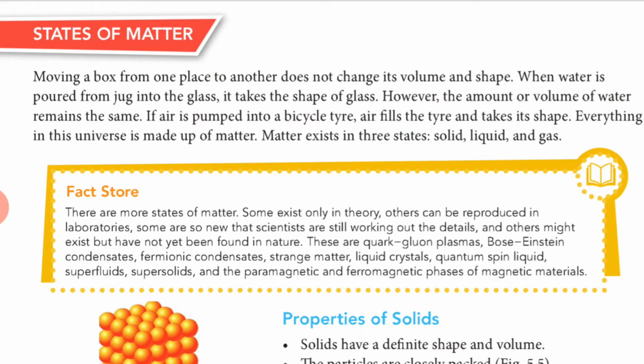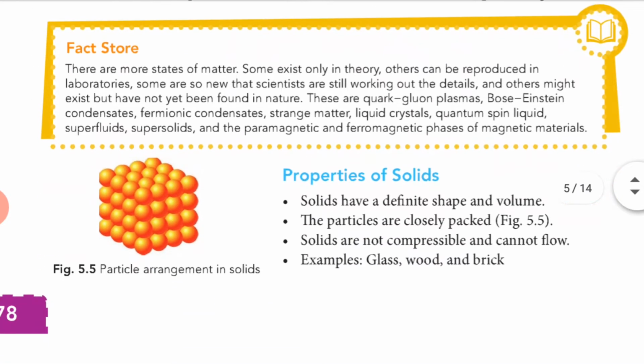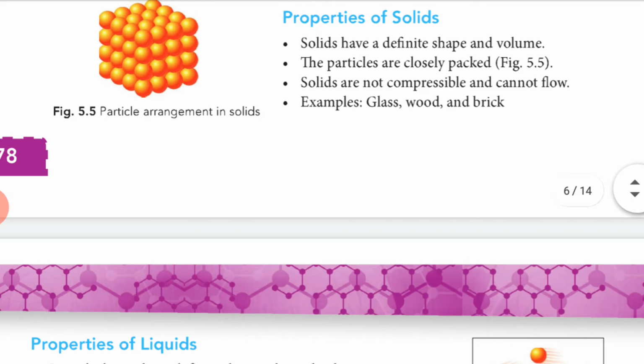Now, states of matter. There are three states of matter: solid, liquid, and gas. Now, what about solids? The particles of a solid are tightly packed. Liquid particles are a little loosely packed, but in gas they are very loose, right?